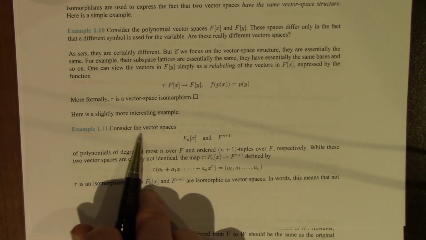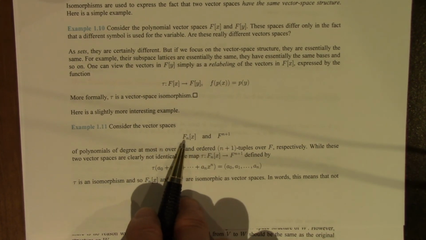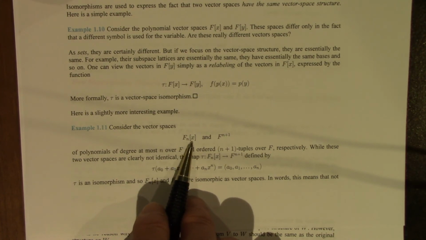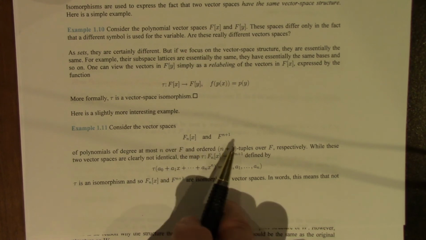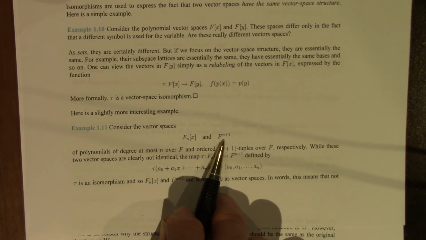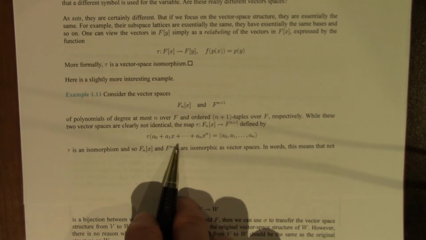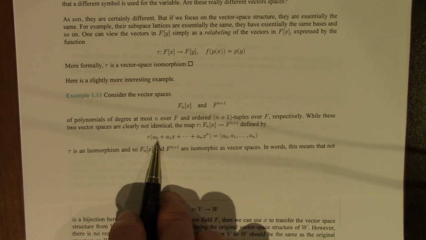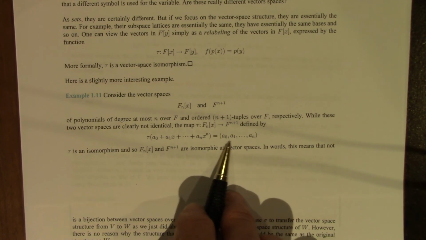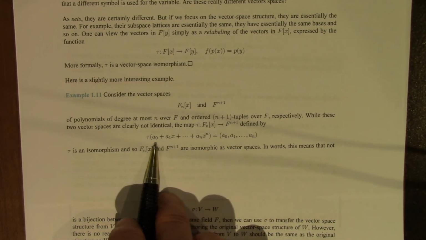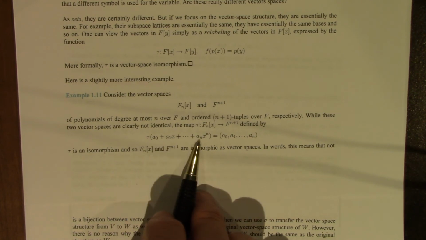Here's a little more interesting example. Take the polynomials of degree n or less over F, and take the Euclidean space F^(n+1). We can define a map, tau, sending a polynomial to its ordered (n+1)-tuple of coefficients. The polynomial, of course, has to be written in this order.